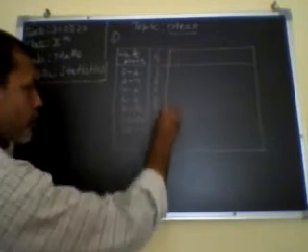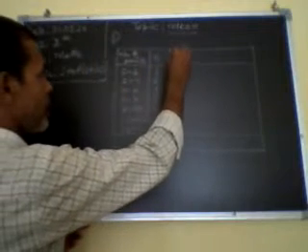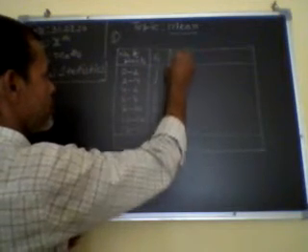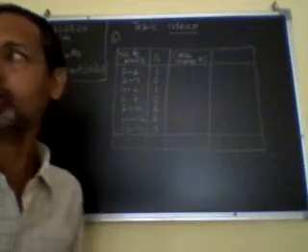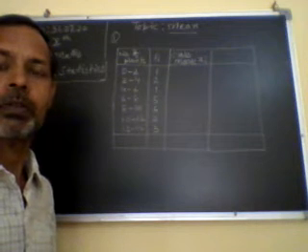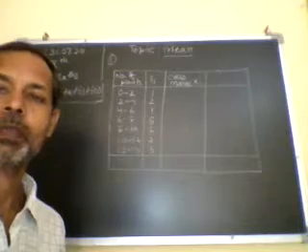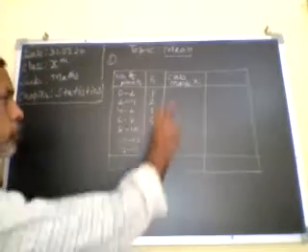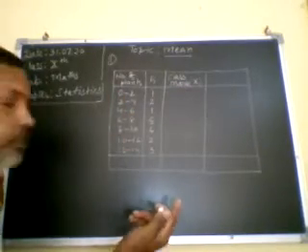Now the next column, class mark xi. So how can we find the class mark?